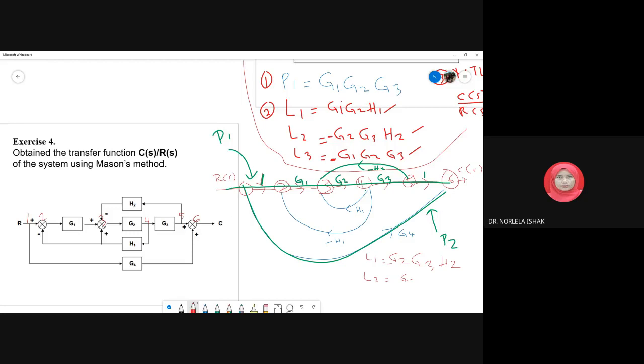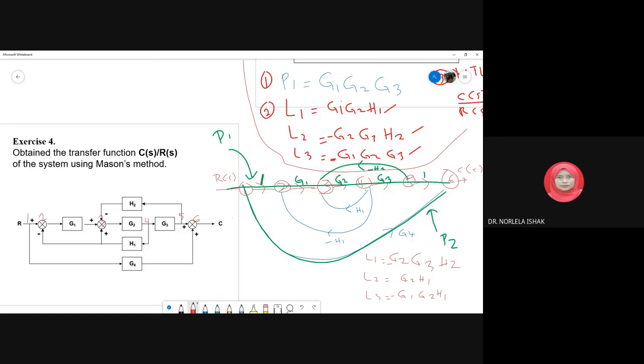Then G1, G2, negative H1, yang besar. Yang tiga adalah G2, G3, negative H2, G2, negative H1, and G1, G2, negative H1. Okay, ada lagi? Tak ada. Okay, we have 3 loop gain.